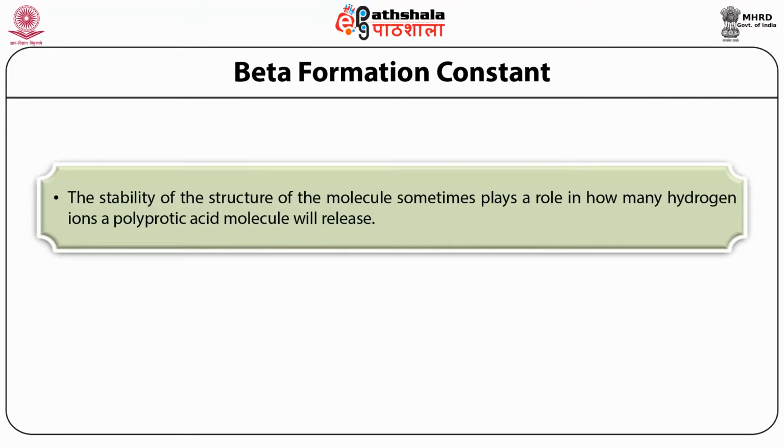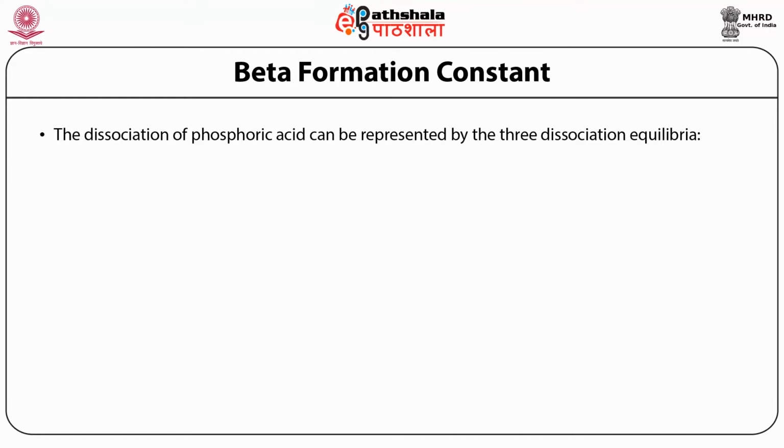The stability of the structure of the molecule sometimes plays a role in how many hydrogen ions a polyprotic acid molecule will release. Many polyprotic acids will turn into common polyatomic anions after releasing between 2 and 4 hydrogen ions. The dissociation of phosphoric acid can be represented by the three dissociation equilibria as represented earlier.